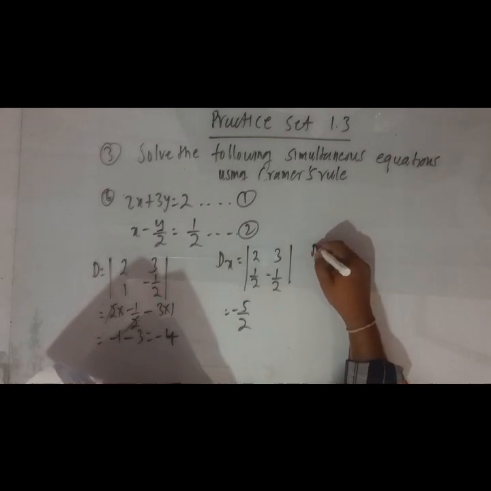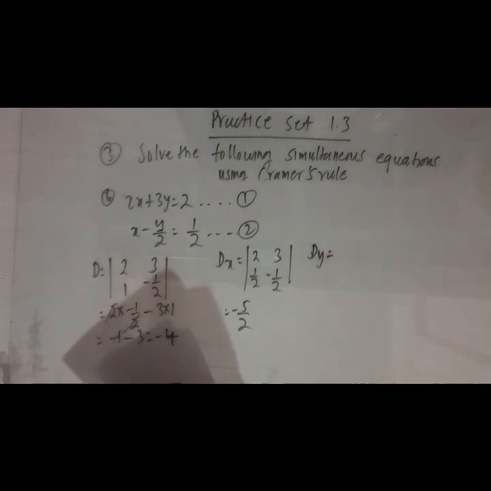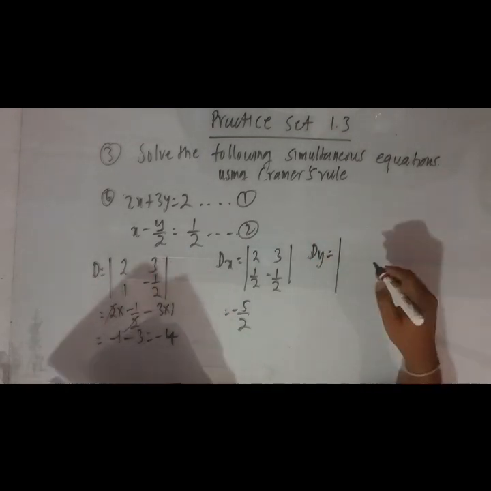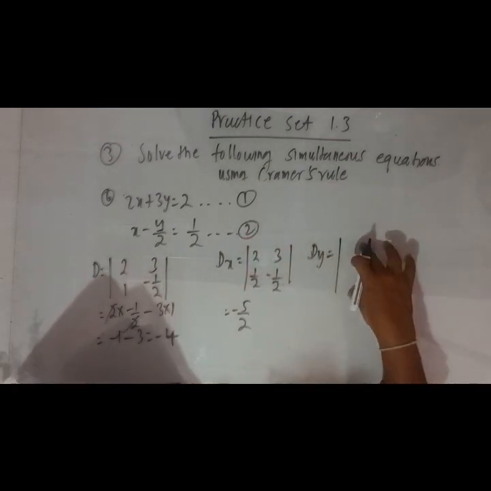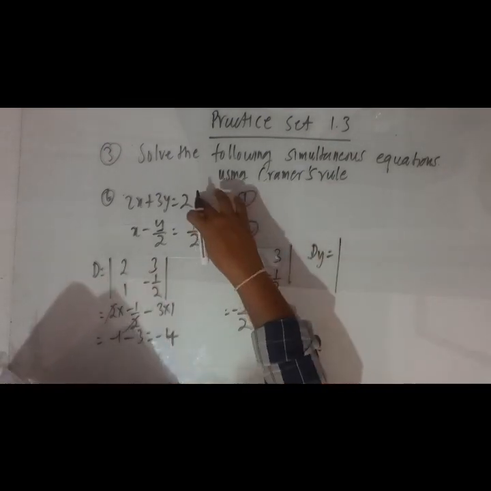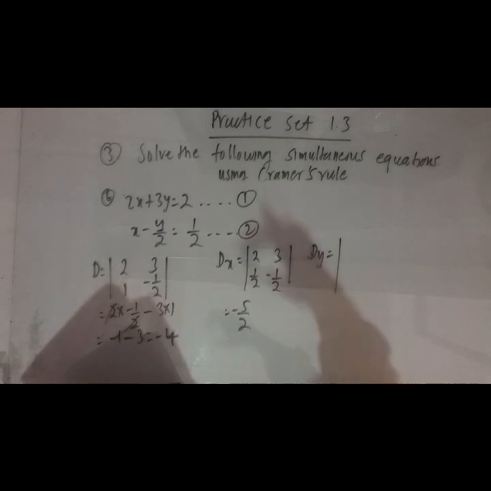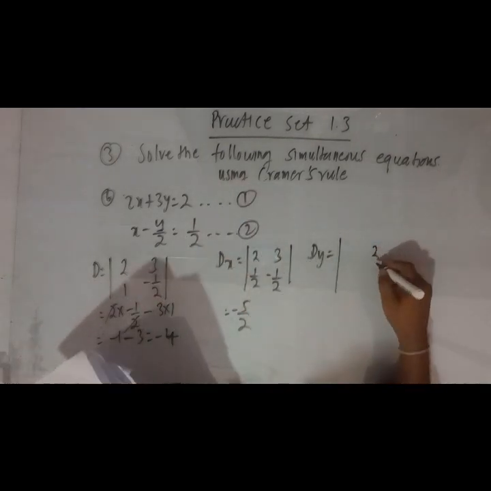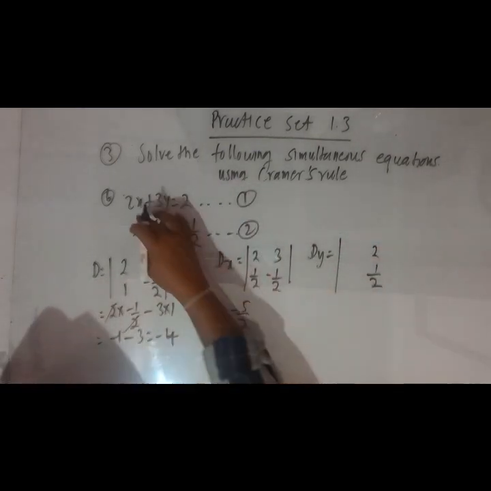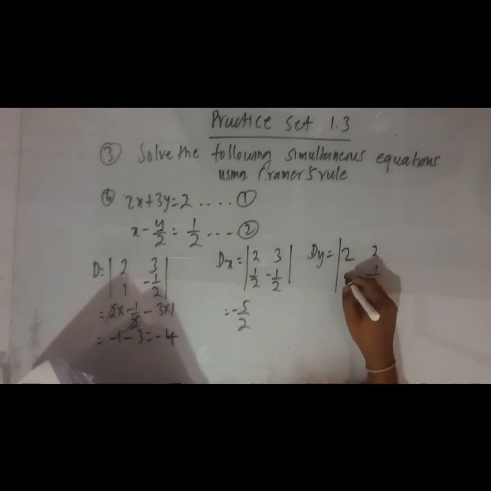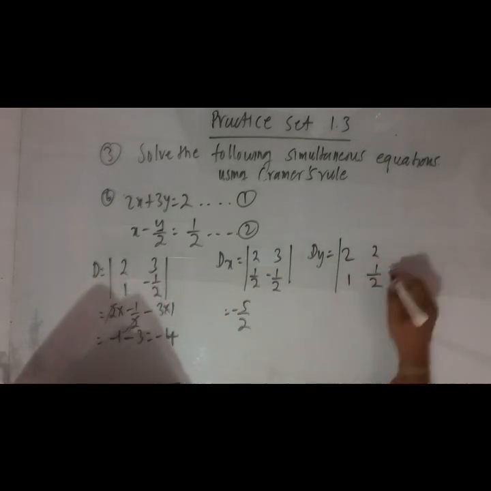Now let us go for solving dy. Write down the determinant. Instead of the y coefficients, we put 2 and 1.5, and the x coefficients we write as they are.